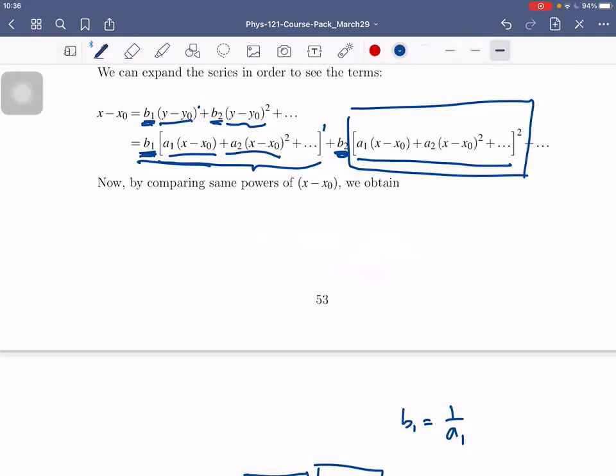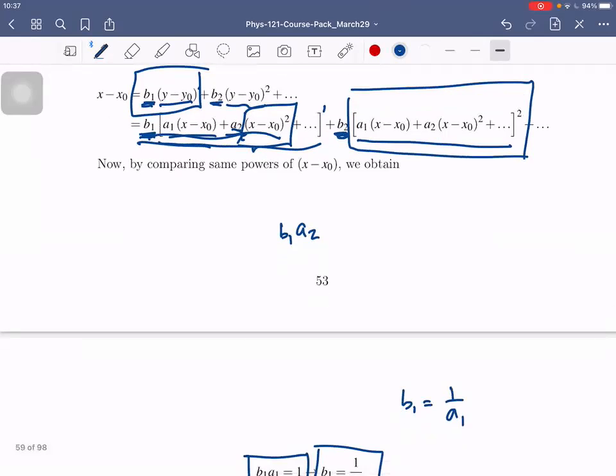Doon sa unang ginawa natin, wala tayong kinumpare na pa second power. Kasi yung unang term kasi natin dito is exponent niya ay 1. Now, look at this. We still have x squared here. So we have to compare b1 times a sub 2. And dito sa kabila, ano yung makukuhanan mo ng second power? Wait, dito yan.